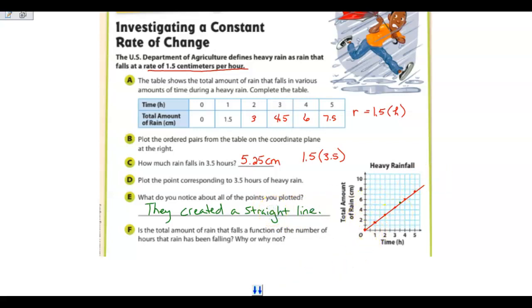Is the total amount of rain that falls a function of the number of hours that the rain has been falling? So is this a function? Yes or no? Okay, I agree, yes. And why? Because if I did a vertical line test on this, each input has exactly one output.